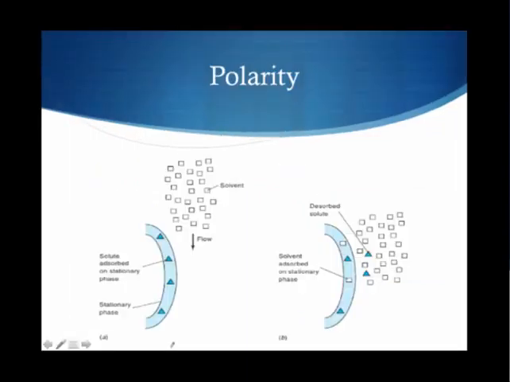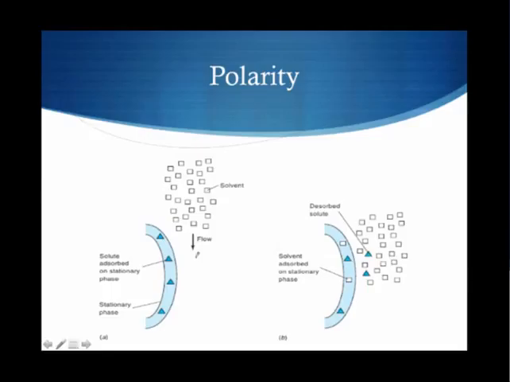Alright, so now we're going to talk about polarity. The order in which the solute components elute off of the column really depends on the polarity of the solvent and the polarity of the compound. Now we're going to focus on normal phase chromatography, and if you recall, that consists of a polar stationary phase and a nonpolar mobile phase. Looking at this figure, you can see that the solvent interacts with the stationary phase as it flows past it.